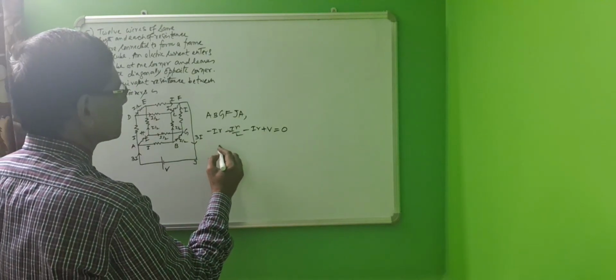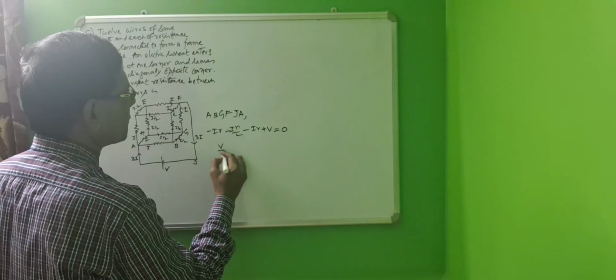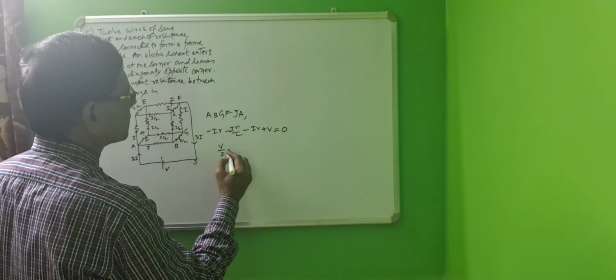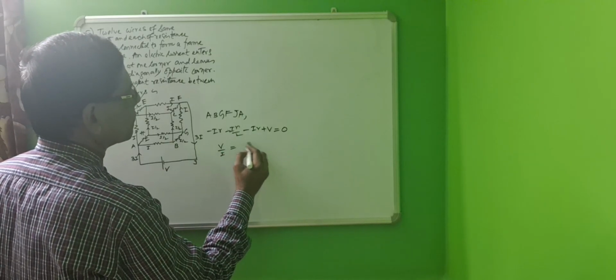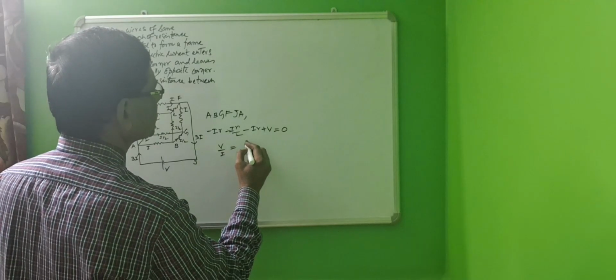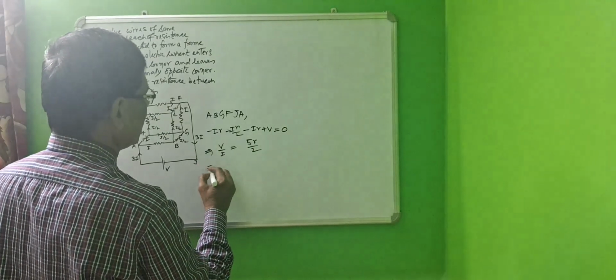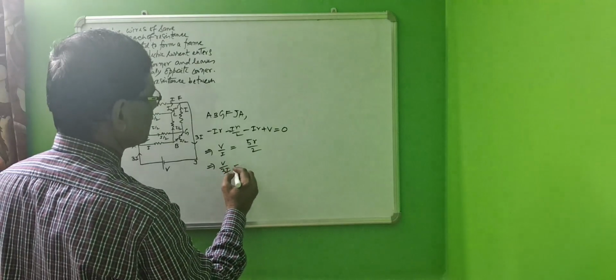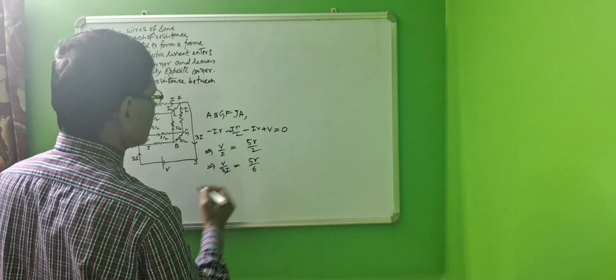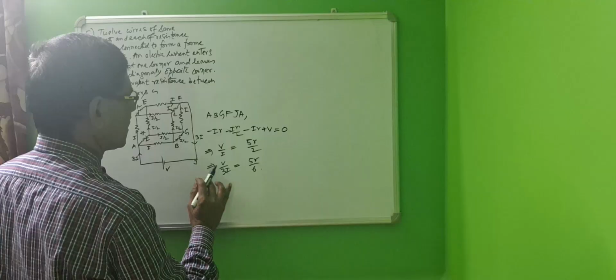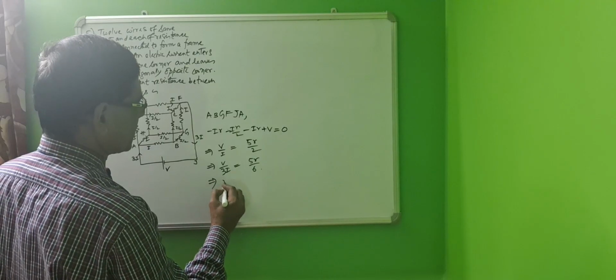From which we get V upon I equals 5R by 2, which implies V upon thrice I equals 5R upon 6.